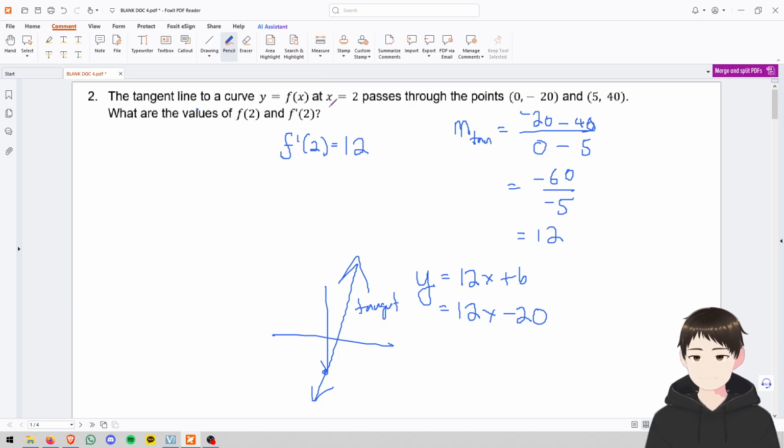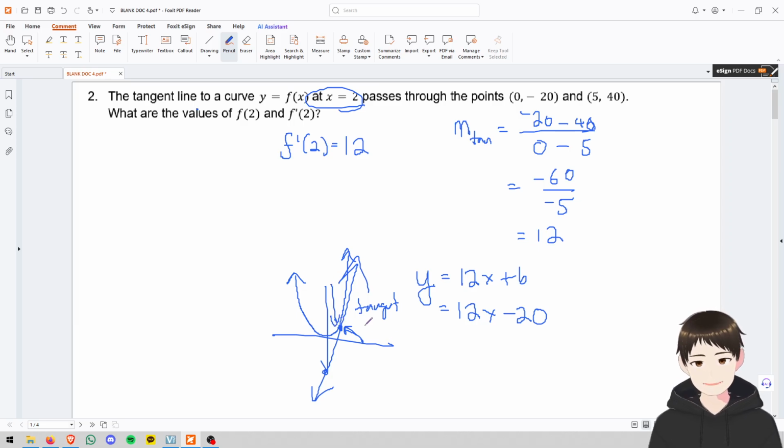Lo and behold, I don't know what the function is, but when x equals 2, right here, that point also coincides, or is a common point, between my curve and the tangent. Like, that's the whole point, the tangent at 2. So if I could figure out the point on the tangent at 2, I have figured out the point on the curve at 2 because it is one and the same.